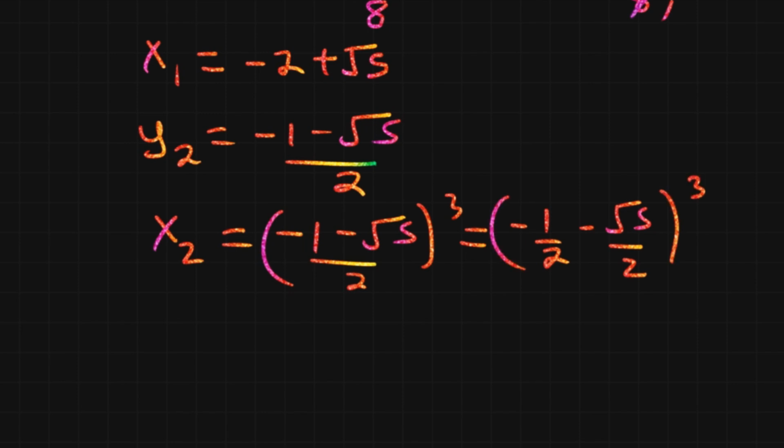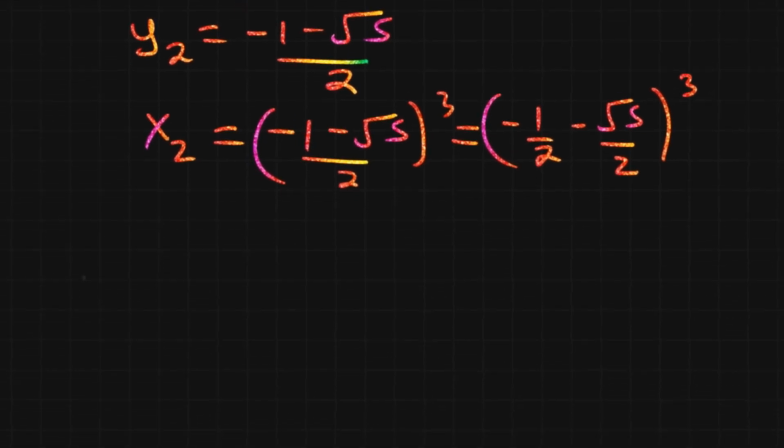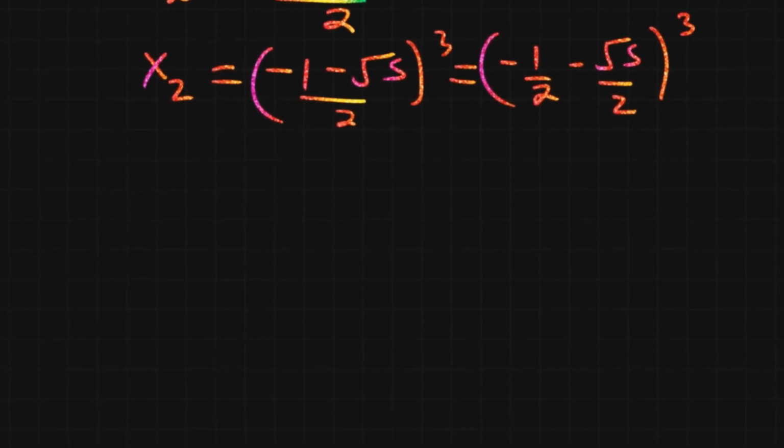And as we had seen from the previous solution, we can use binomial expansion to simplify this. So the coefficients, as we had seen in the first solution, will be 1, 3, 3, and 1. And a in this case is negative half. And as you know, the powers of a reduce across the expansion.